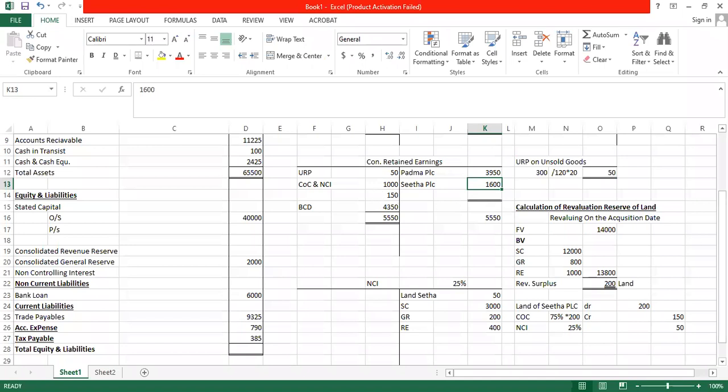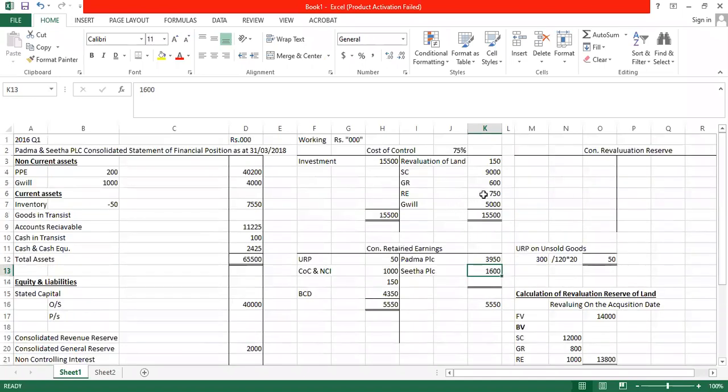That's why from this 1,000, we allocated 75% or credited it into our cost of control account as it is pre-acquired.